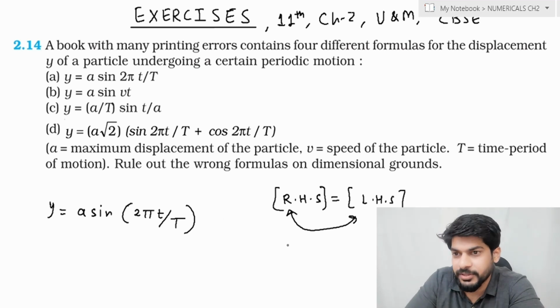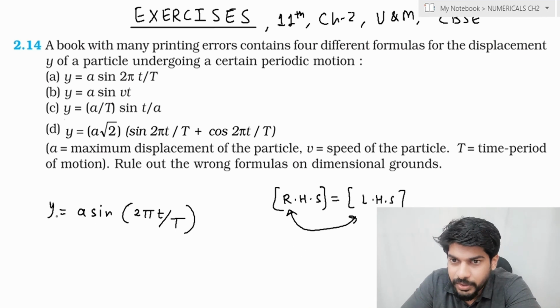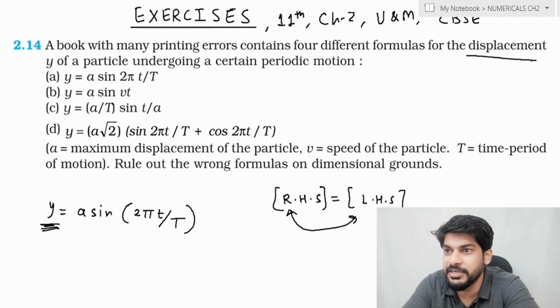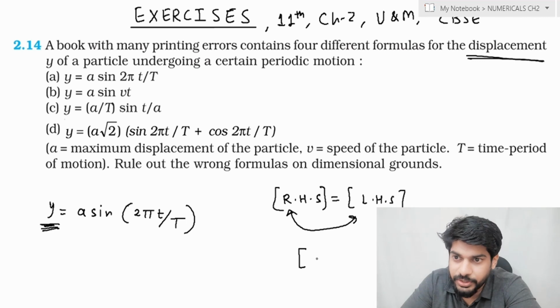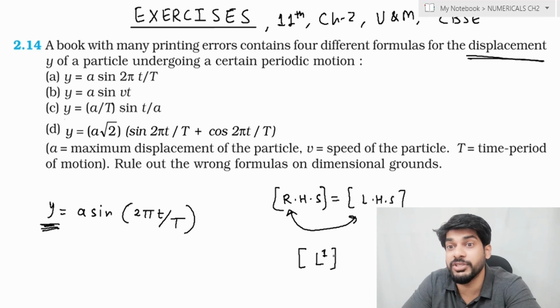For example, if you can see here y, what is y? y is a displacement, as they have said here. Displacement is nothing but length. So on the LHS the dimensions are L raised to 1. This is the dimension on the left hand side.